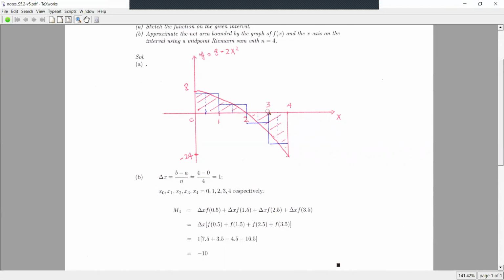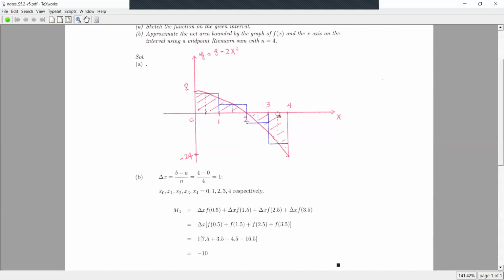The third rectangle, between 2 and 3, pick the midpoint, 2.5. Use the function value at 2.5 as the height to build a rectangle. Now, because the function value at 2.5 is negative, this rectangle lies below the x-axis.